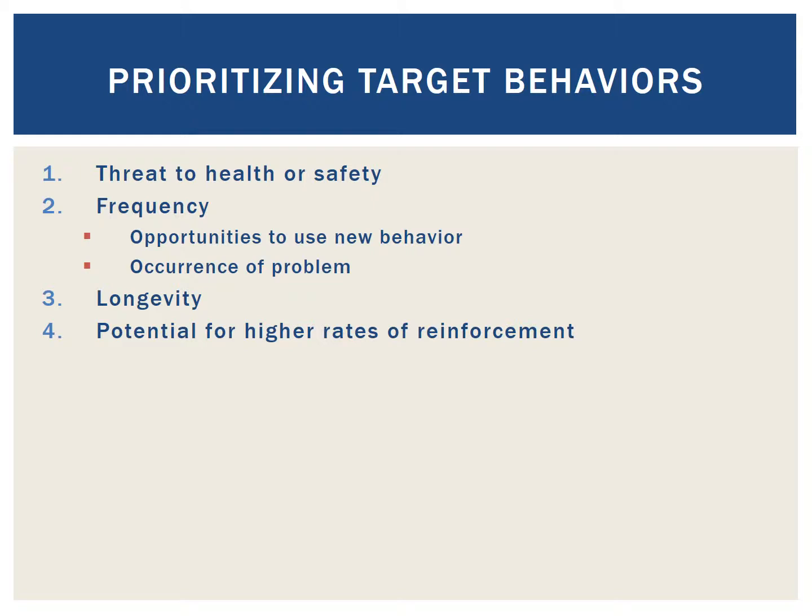The next category we look at with prioritizing targets is the frequency of the behavior. Is it a skill rather that the person is going to need frequently or often? The example that I was taught many years ago of a functional skill is if you don't learn how to do this skill or engage in this behavior independently, will you have to pay someone or will someone have to be paid to do it for you?